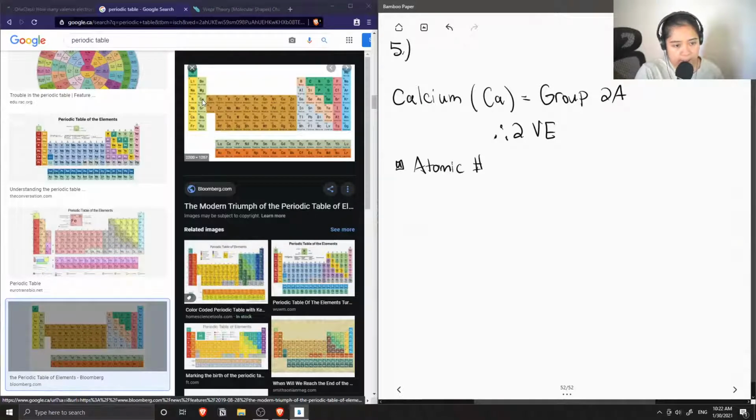Which means that it has 20 protons. And if we have 20 protons in a neutral calcium atom, that means we also have 20 electrons.